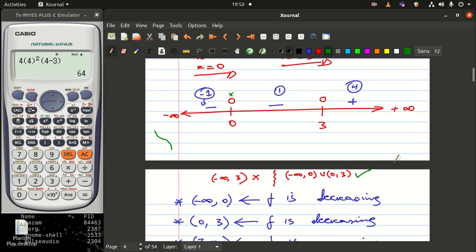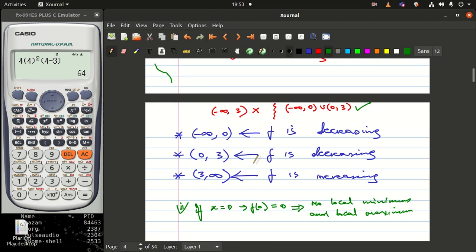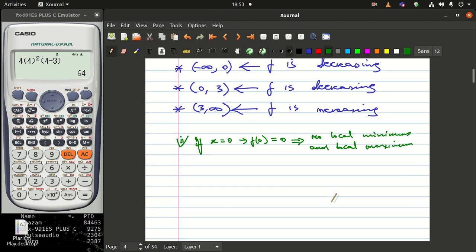Because at this point here, the function was not changing from decrease to increase or from increase to decrease, it is from negative to negative. So whatever was happening here is telling us that the function wanted to have a change, but the decrease was so strong that it never gave it a chance. That is why we're still having no local min and no local max at this point.